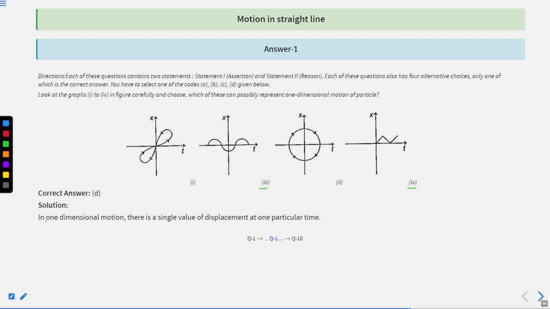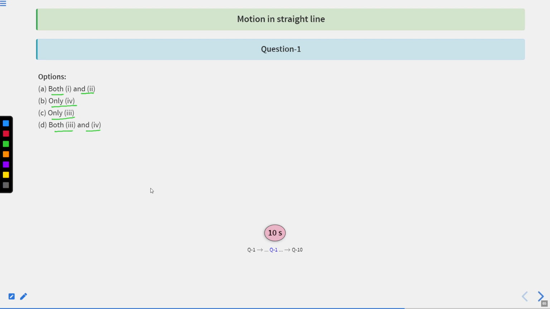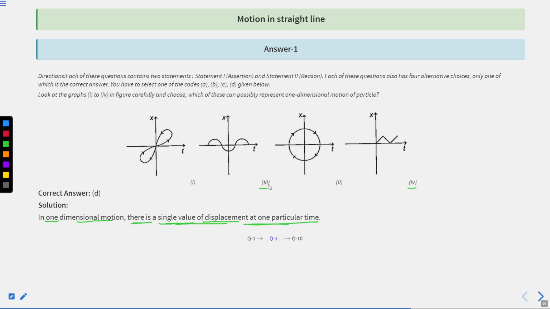In one dimensional motion, there is a single value of displacement at a particular time. Note, a single value of displacement at a particular time. In one dimensional motion. So the correct statement is D, both third and fourth. This is correct and this is correct. Clear?